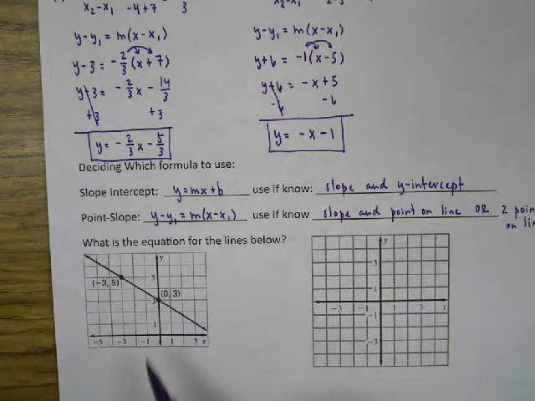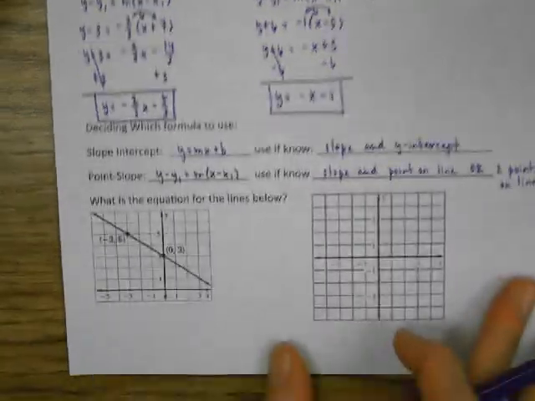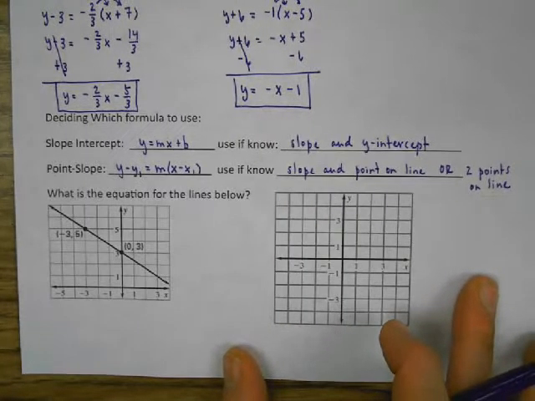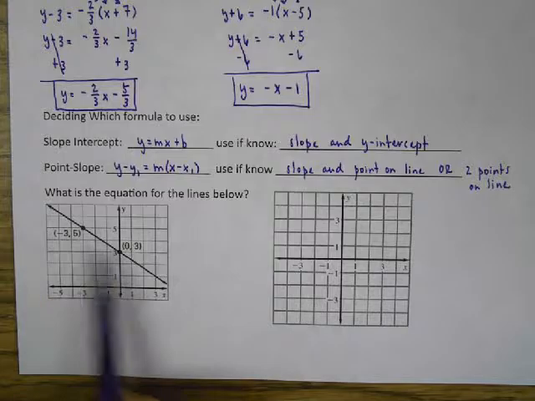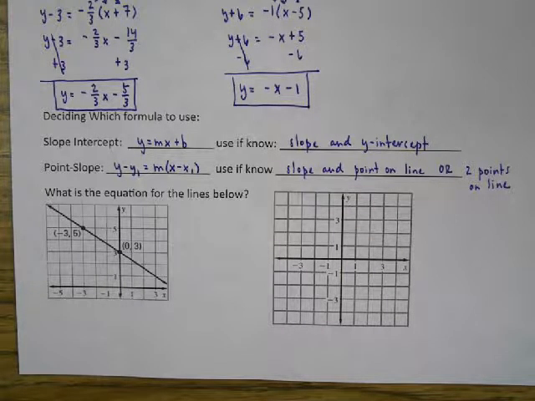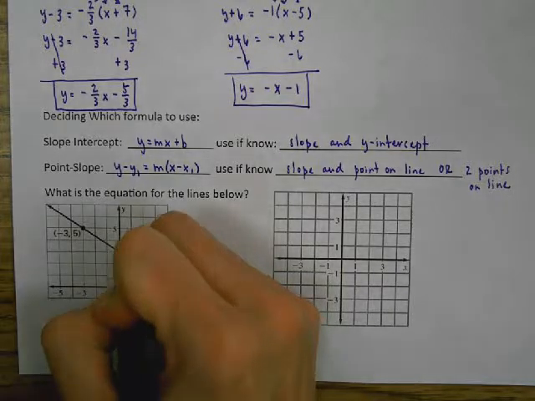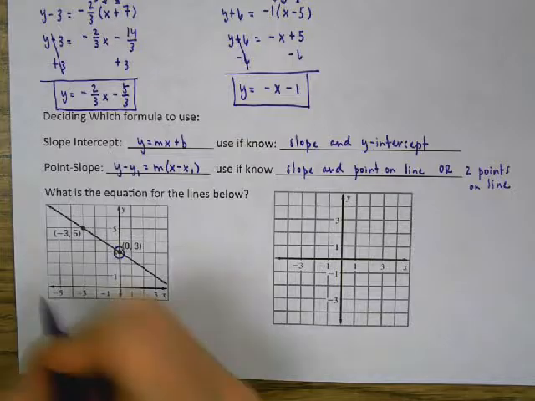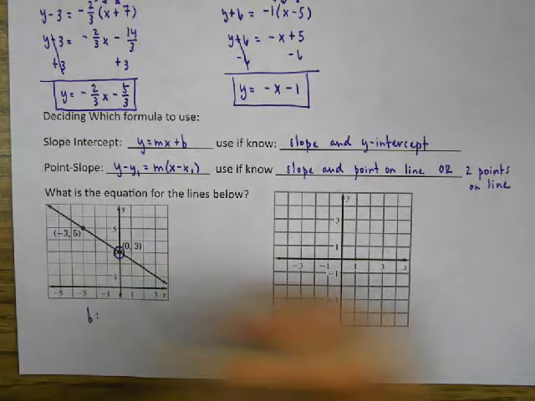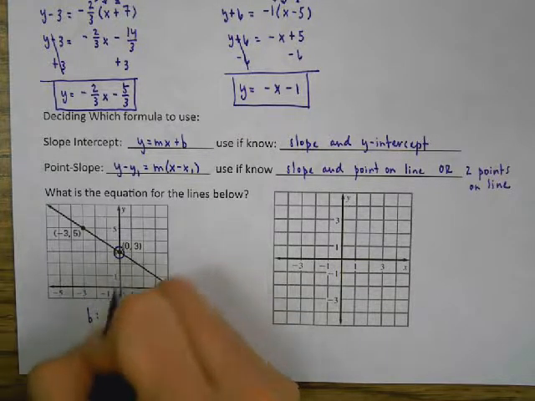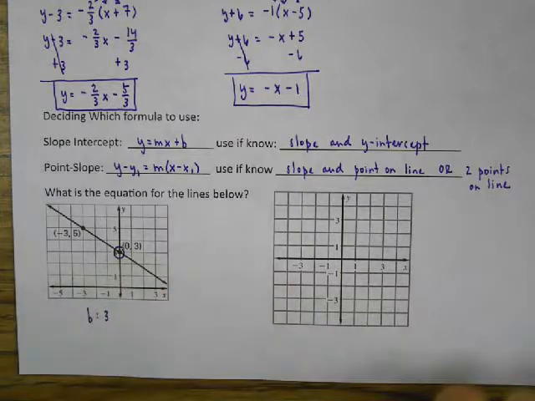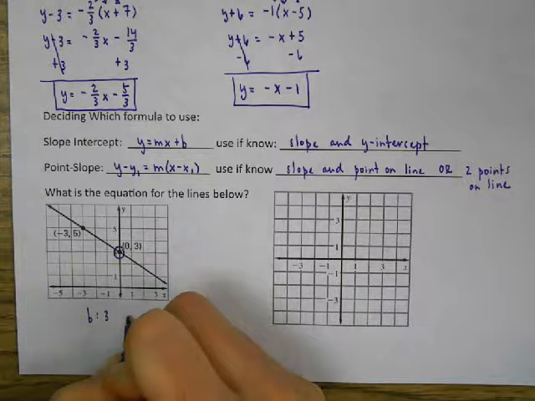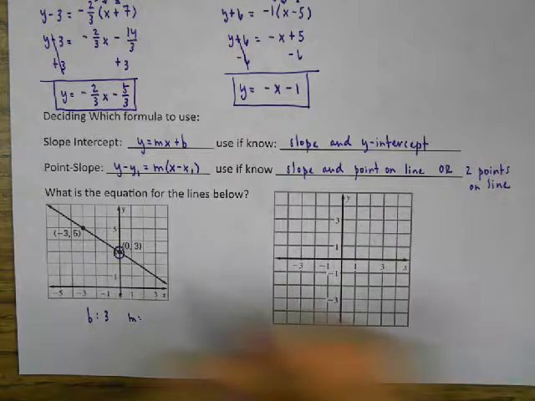So let's look at this line here. If I were to look at this, I might think, well, I've got 2 points on that line, so I could use point-slope form. But what I want you to notice here is from this graph, we actually know the y-intercept. My y-intercept, or my b value, is 3. And I can get my slope using rise over run.